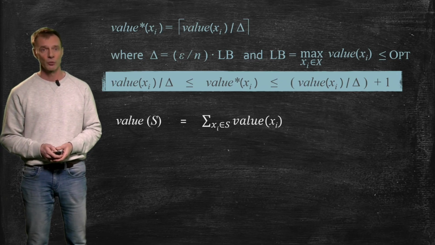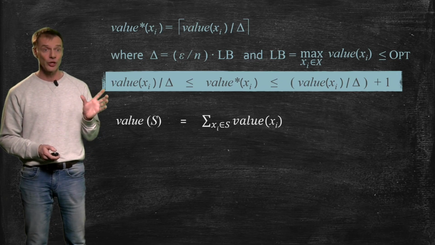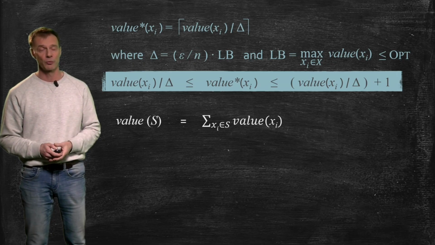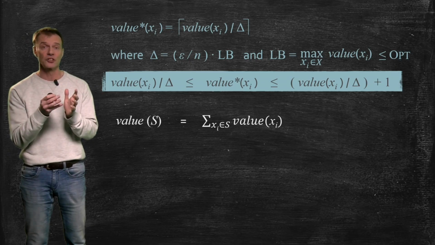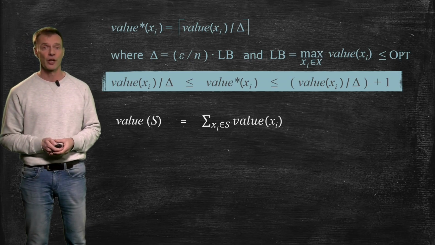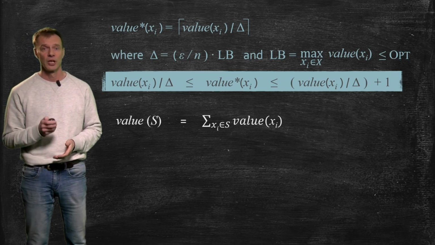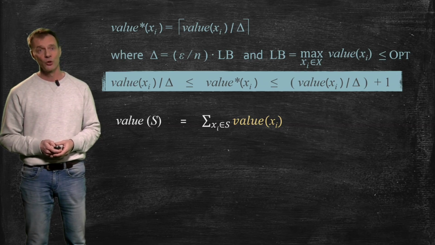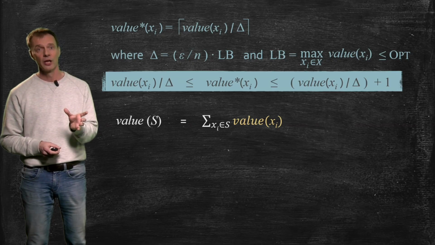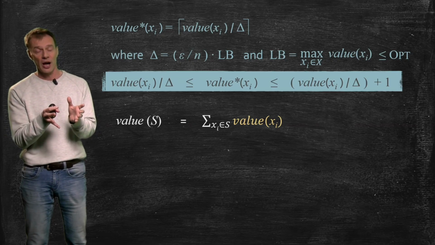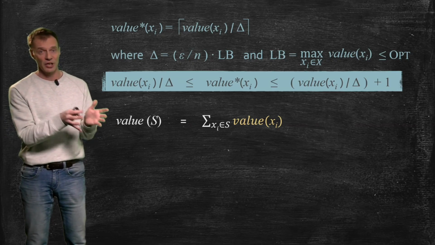So, what can we say about the real value of S, the subset we compute? By definition, it's the sum over all items in S of the value of that item. Now I want to go from value to value star. Why? Because for value star, I know the relation between S and S opt.